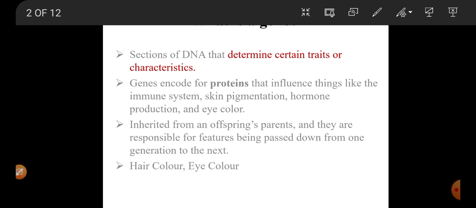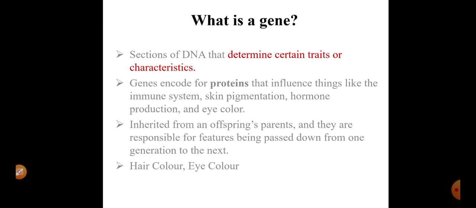Gene is a section of DNA that determines certain traits or characteristics. As we know, genome is a whole set of gene or DNA, but the gene is a section of DNA.